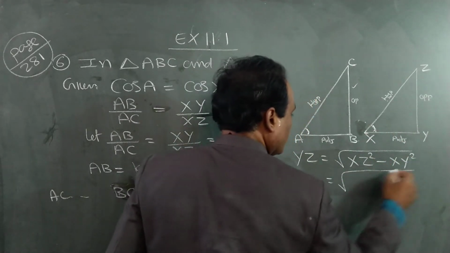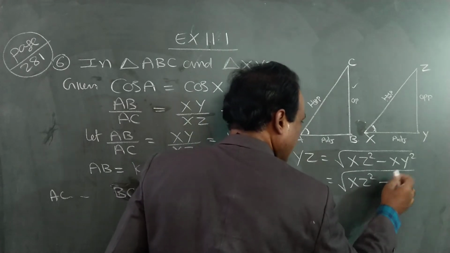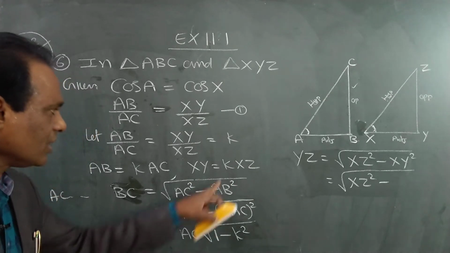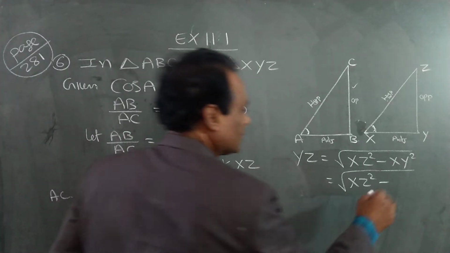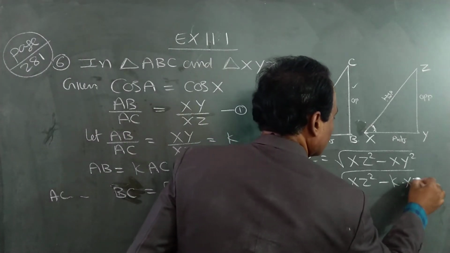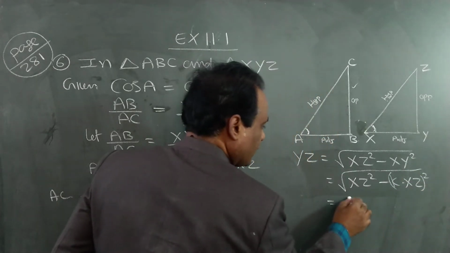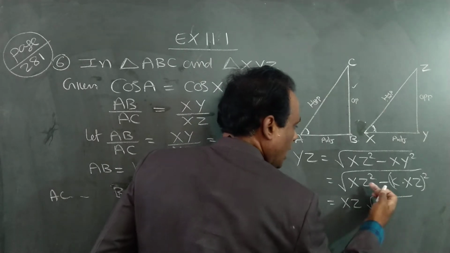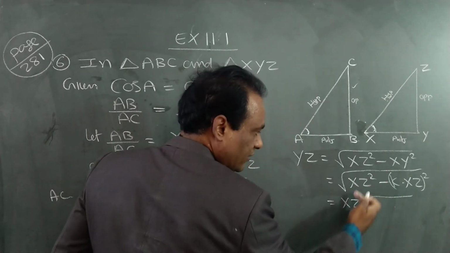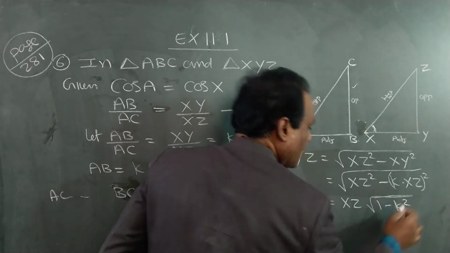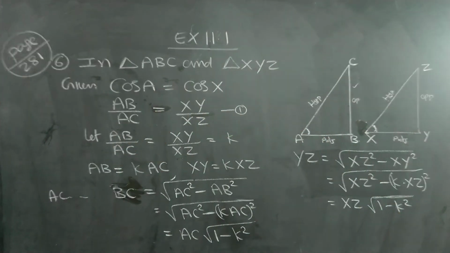So in this, XZ square minus XY, where XY is equal to K into XZ. Same rule, K into XZ square. So XZ common, outside the root, square root cancels XZ. See here, 1 minus K square. Write down up to here, understand up to here.